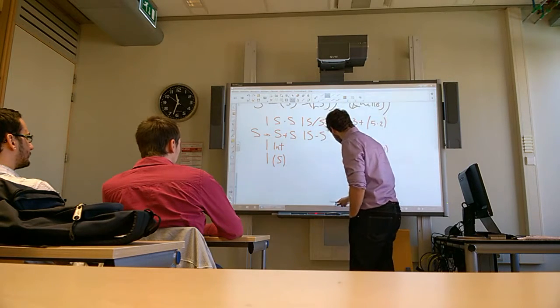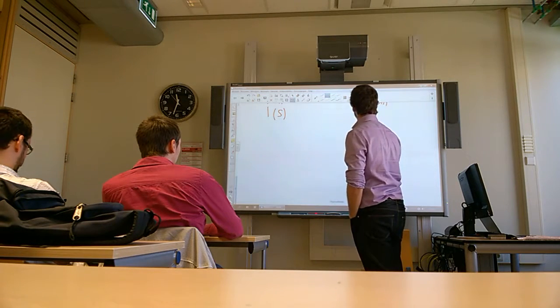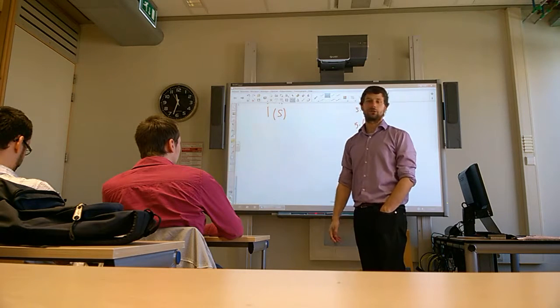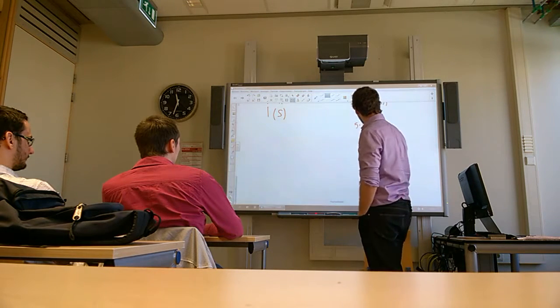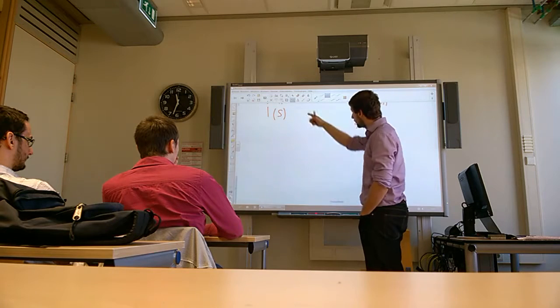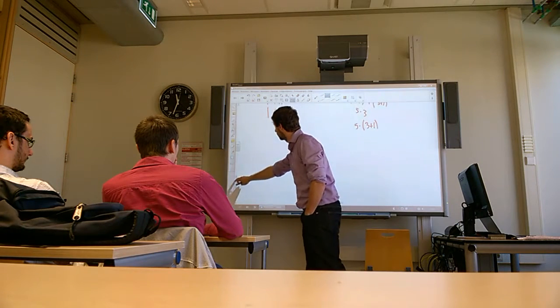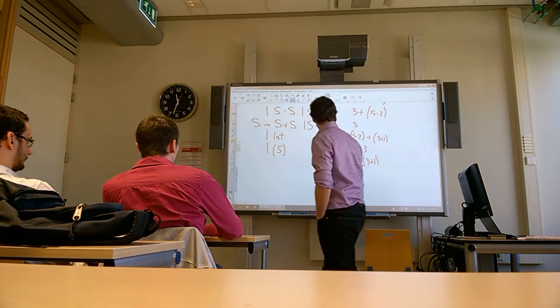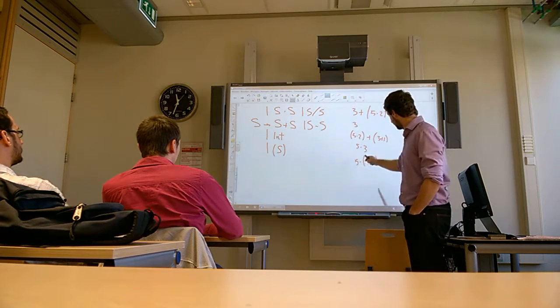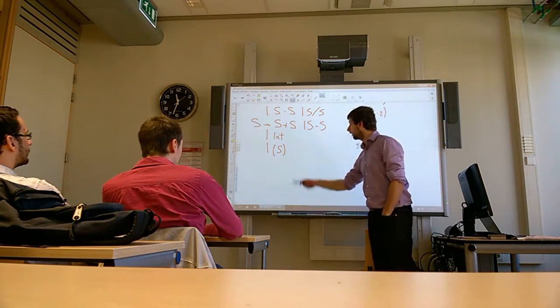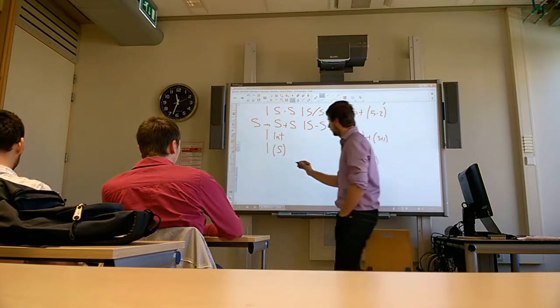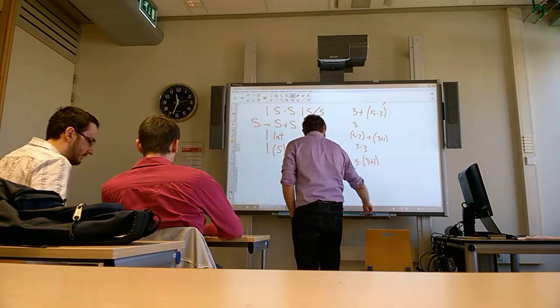Now I will ask you to think for a second about how this will be generated by that language. Generate this from this. So we start. I'm going to use blue.